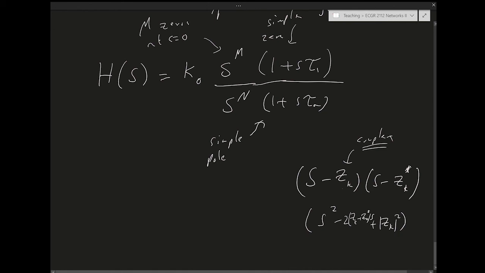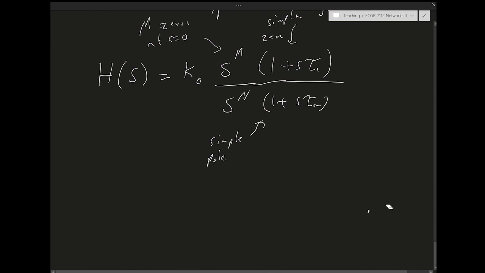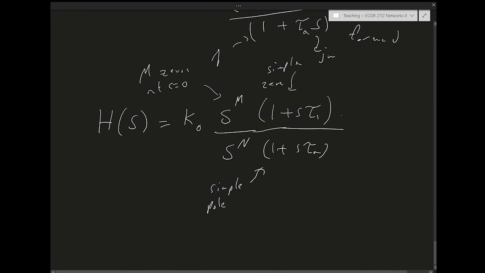The point is that if you take the complex conjugate zeros or poles and combine them together into one expression, you get what's called a quadratic form. So you get something like this: 1 plus 2 zeta tau 2 s plus tau 2 s squared. Zeta is the damping coefficient.